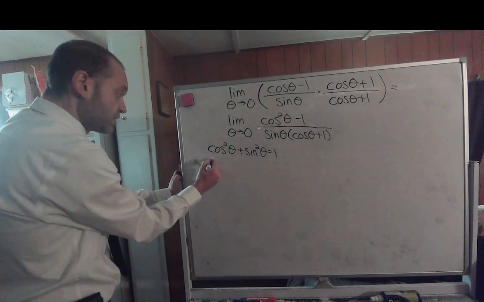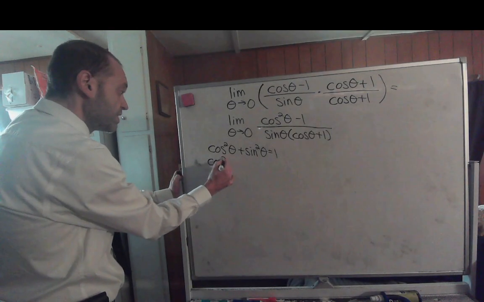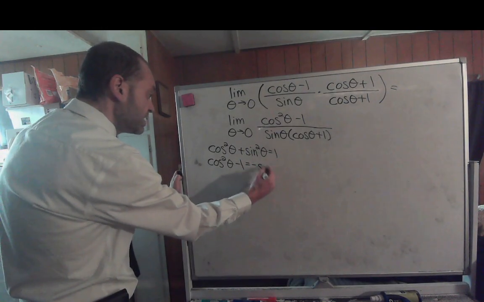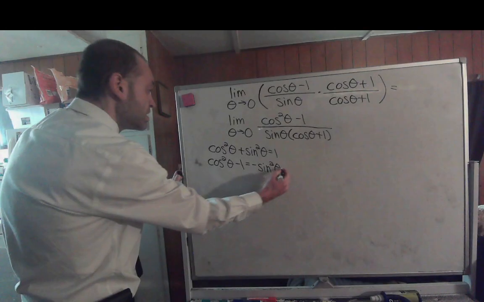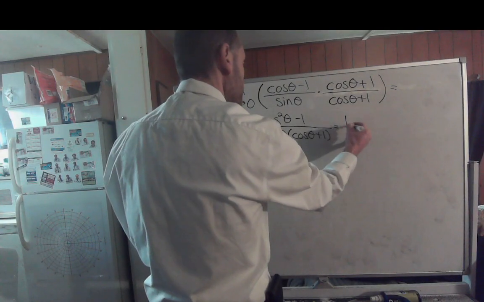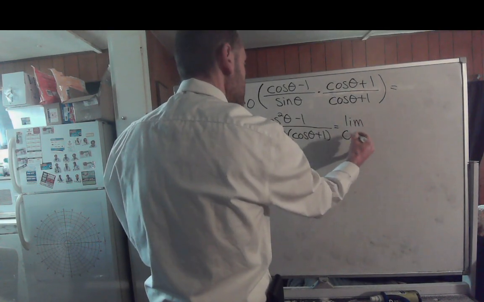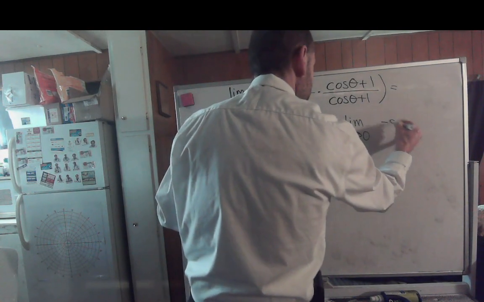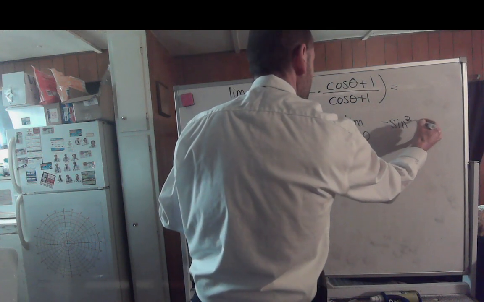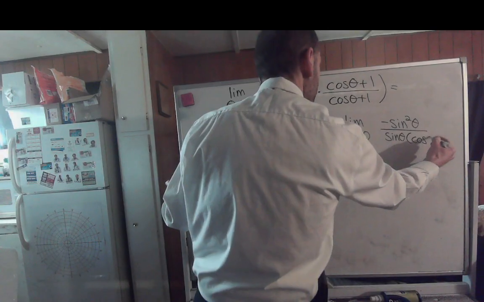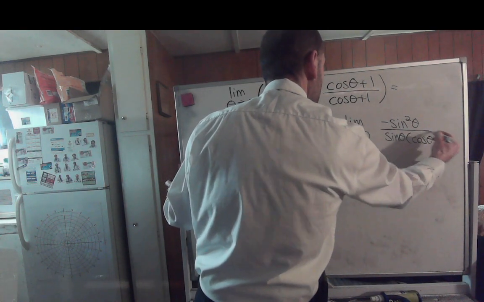So if I take the cosine squared of theta minus 1, that's just going to equal negative sine squared of theta. So the limit as theta approaches 0 of negative sine squared of theta all over the sine of theta times the cosine of theta plus 1.